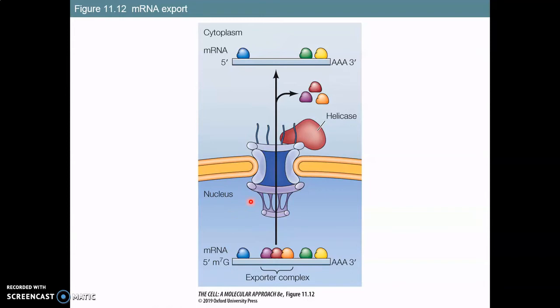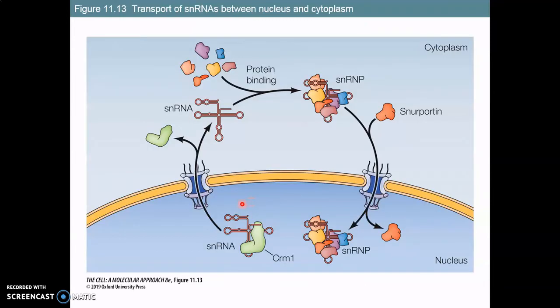Now, the last thing that I want to talk about with nuclear transport is the transport of this thing called snRNA. This is something that we hadn't talked too much about. This is one of the different versions of RNA that are out there.